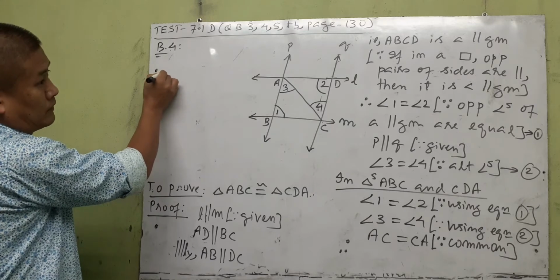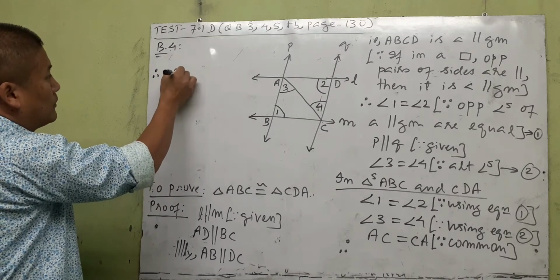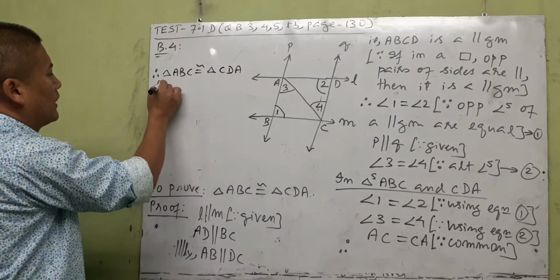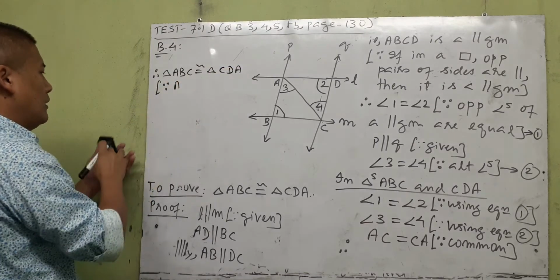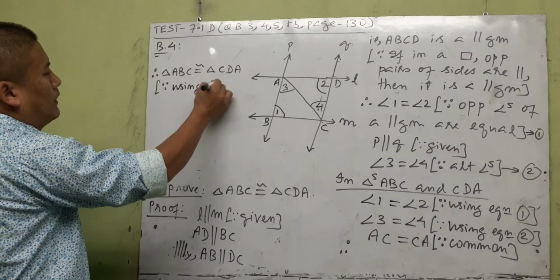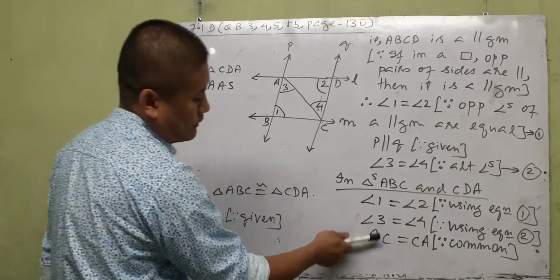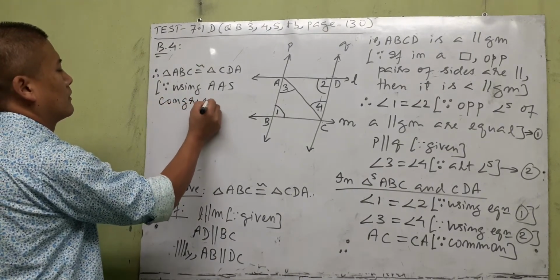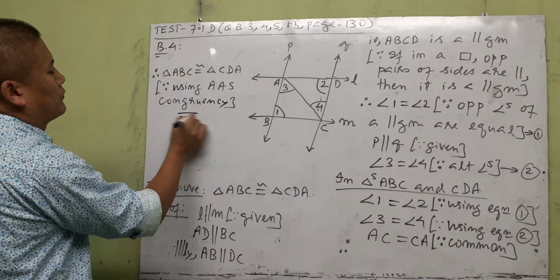Triangle ABC will be congruent to triangle CDA by the AAS condition, two angles and one side, congruency condition of triangles. So this is one way by which we can prove this.